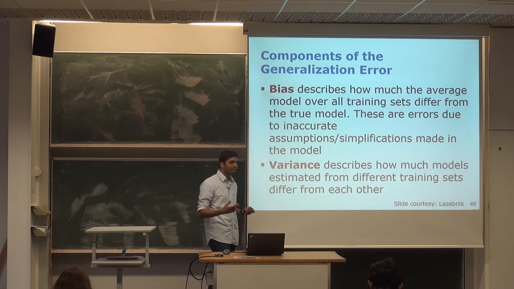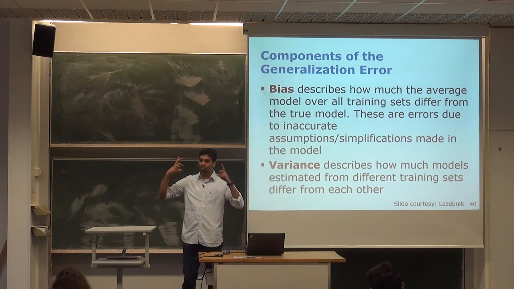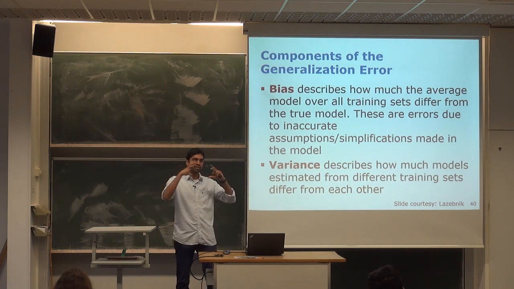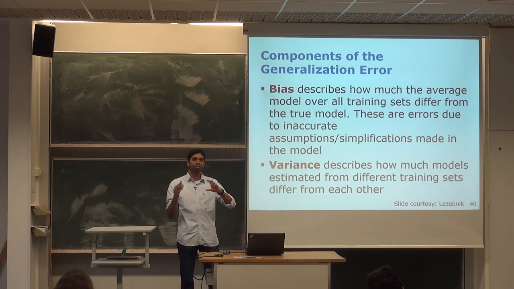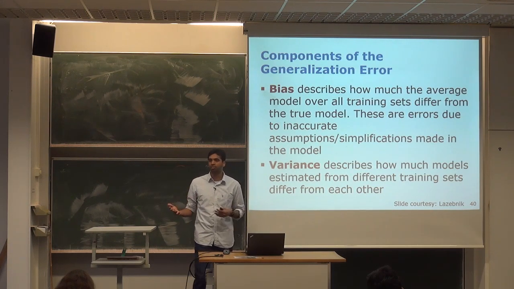Then the mistake that you make, because you chose a simpler representation, in this case let's say a box is a simpler representation whereas a circle is a more complex representation, the fact that you chose a simpler model leads you to make certain mistakes during the classification.